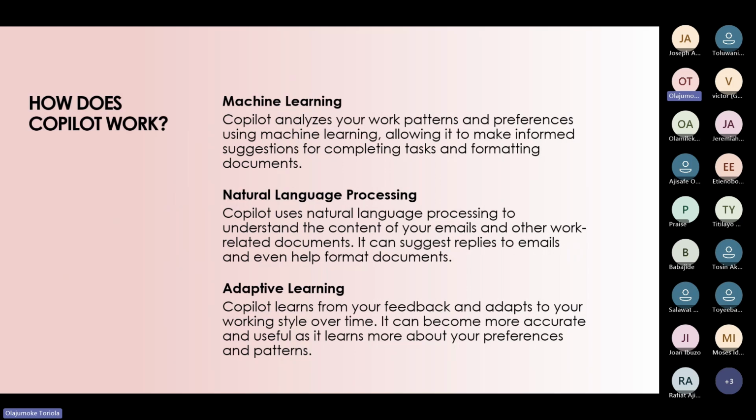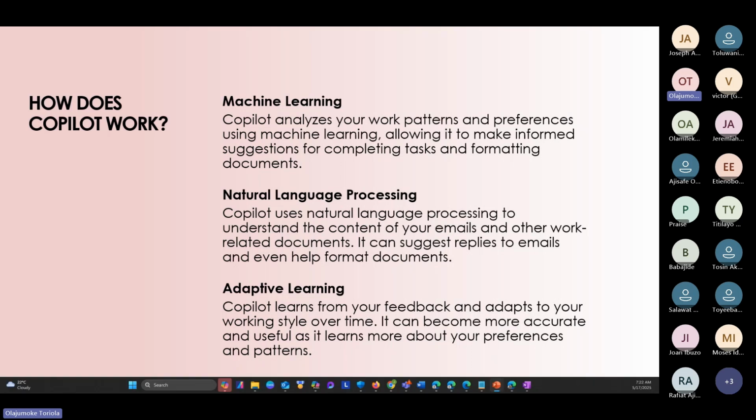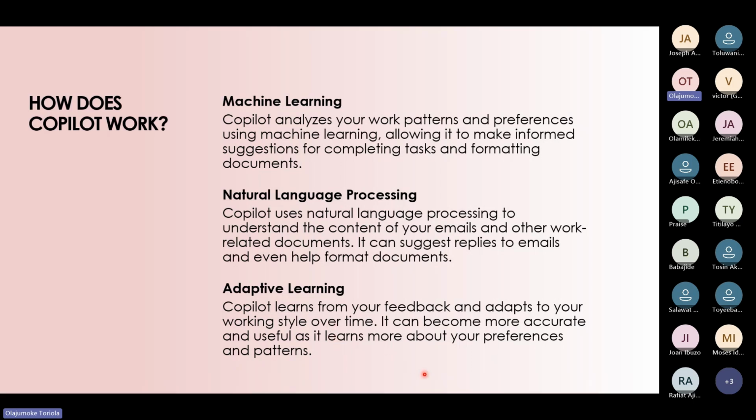It uses machine learning and natural language processing to understand your work patterns and preferences. Then it can make suggestions for completing those tasks, maybe formatting the document, and even suggesting replies to your emails. And finally, with adaptive learning, it learns from your feedback and adapts to your work style over time.